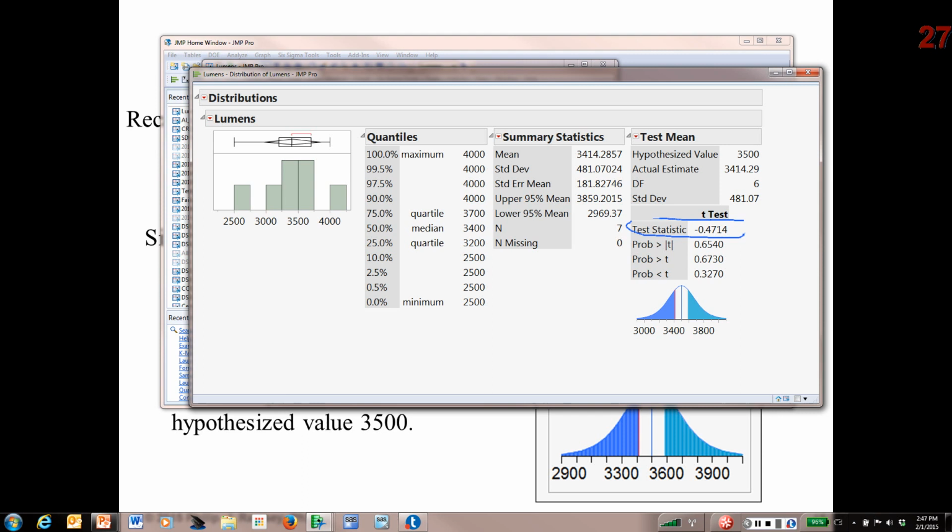Okay. And the test statistic value is minus 0.47. What that 0.47 is, that's the number of standard errors between the sample average and the hypothesized mean. Remember, the standard error is the standard deviation of an average.